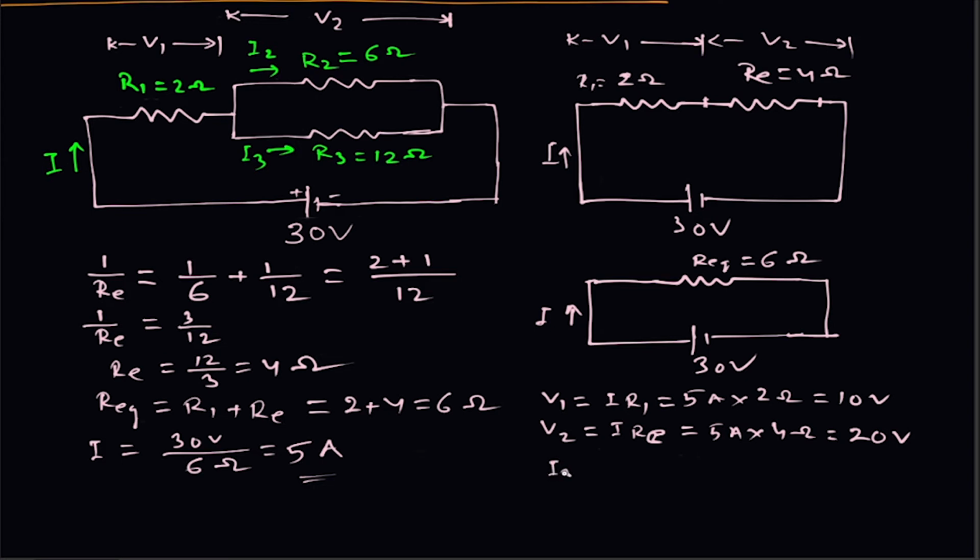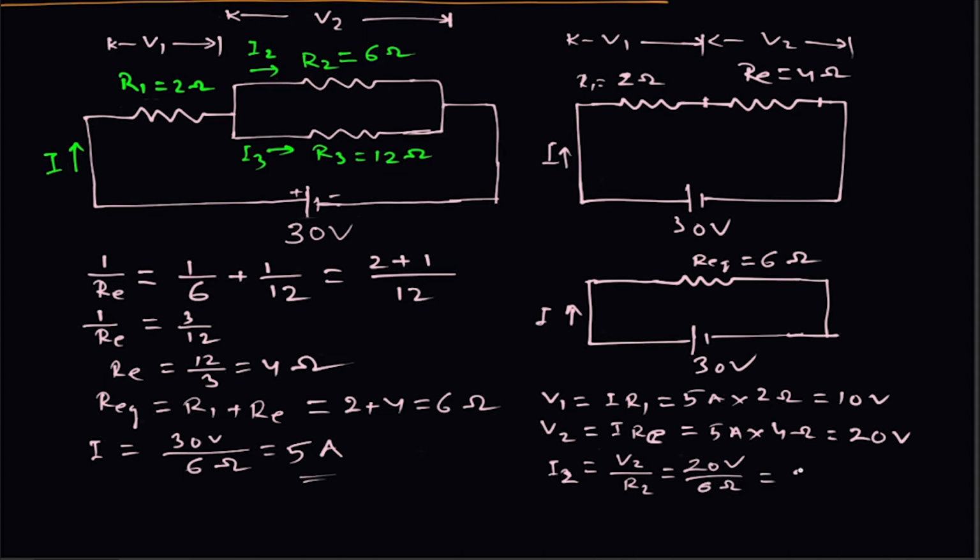I2 will be, we can apply Ohm's law for this resistance, I2 equal to V2 divided by R2. V2 is 20 volt, divided by R2, which is 6 ohm.